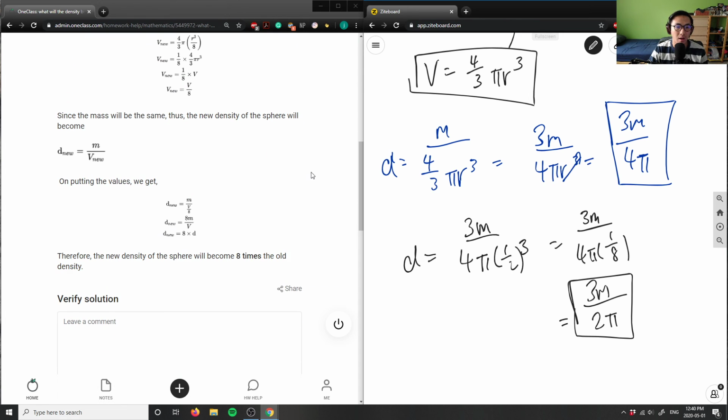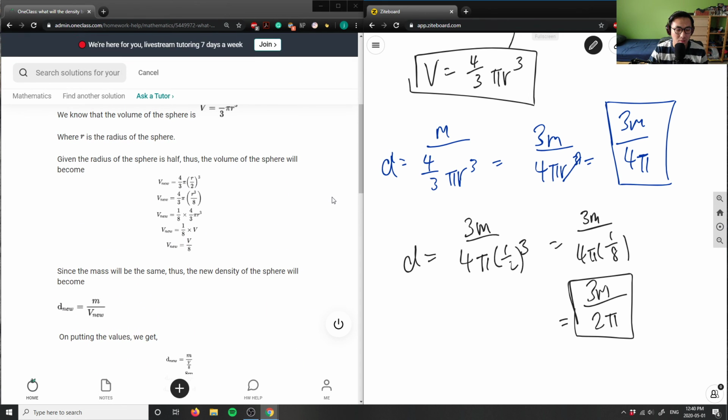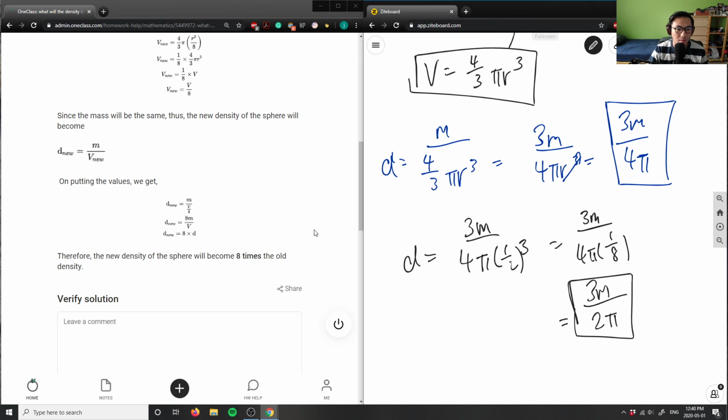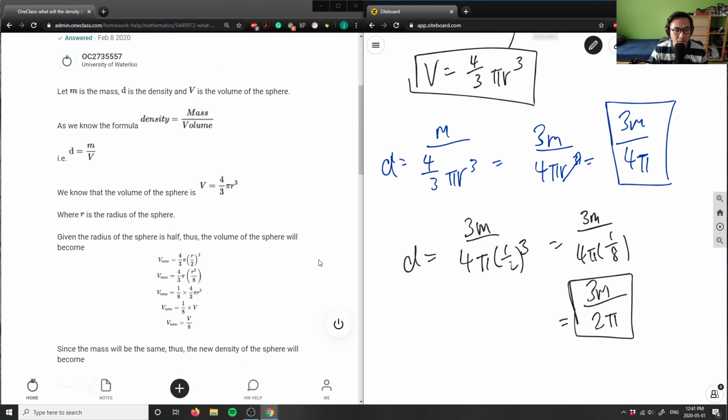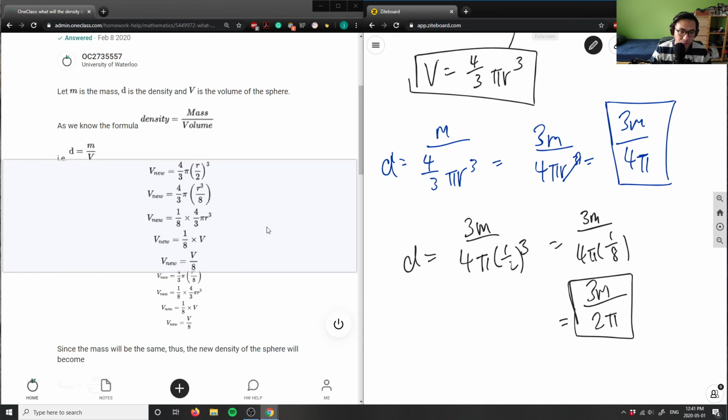So again, this solution says the new density of a sphere is 3 times. Sorry, just give me a second here. I don't know why it says 3 times. So V is, again, 4 pi over 3.